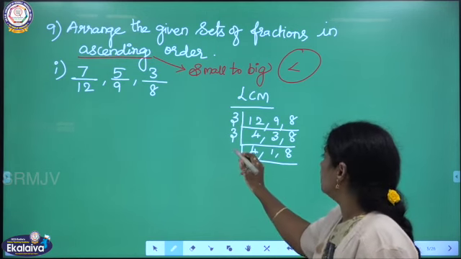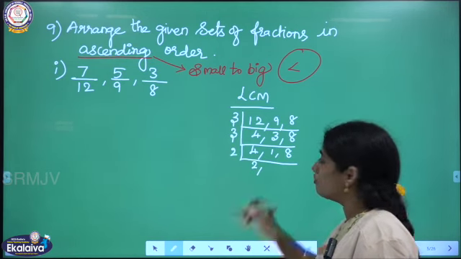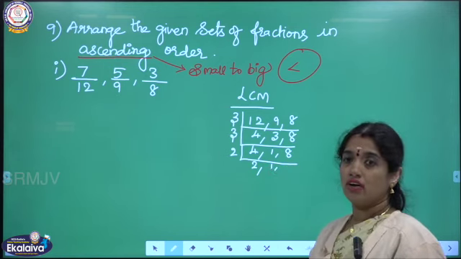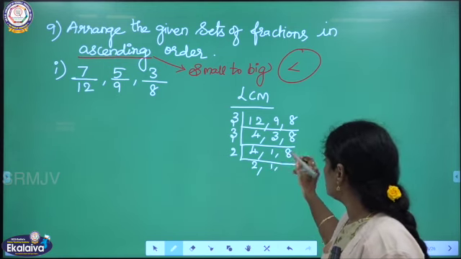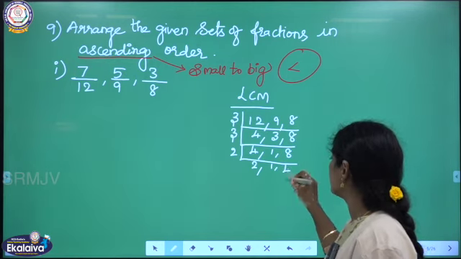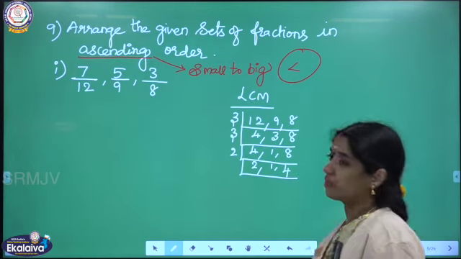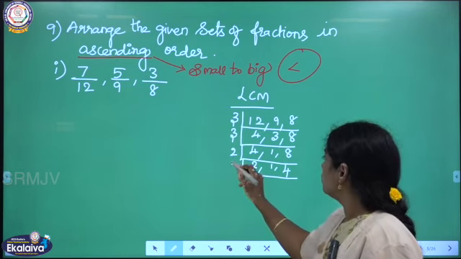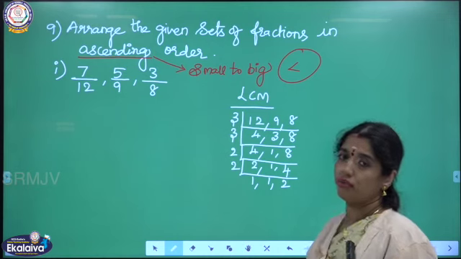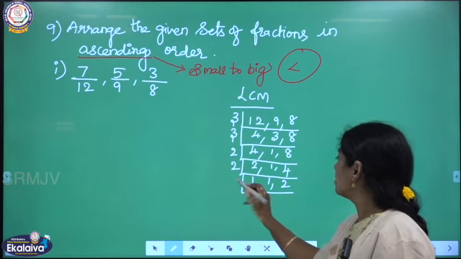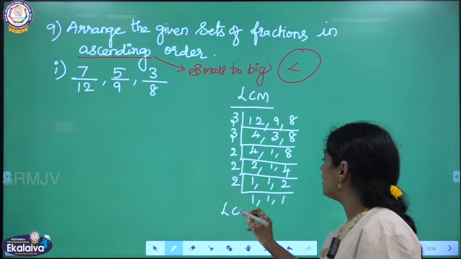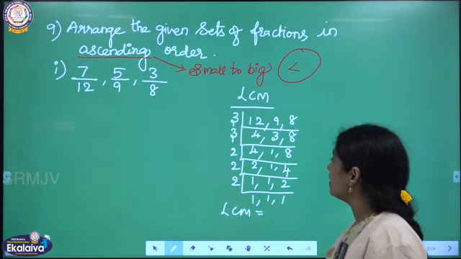Now the 2 table. 2 2s are 4. 1 as it is you write. 2 4s are 8, so write 4. Got it? Next 2 1 1, 2 2s are 4. Next, 2 1 1 1. Now you can write your LCM. What is your LCM?